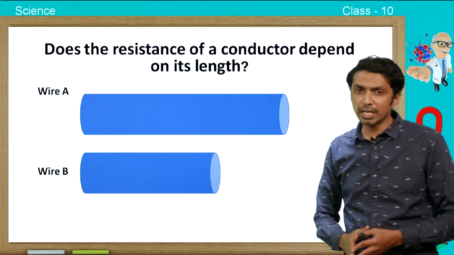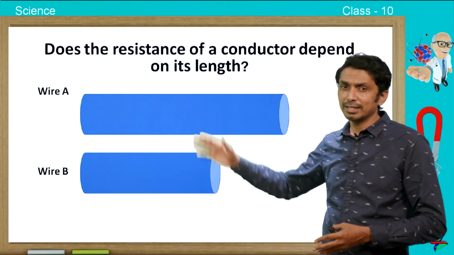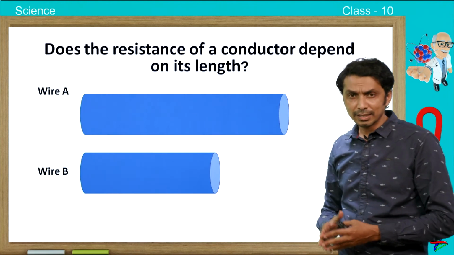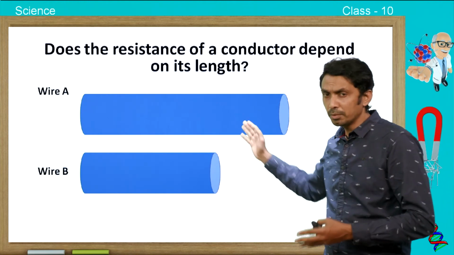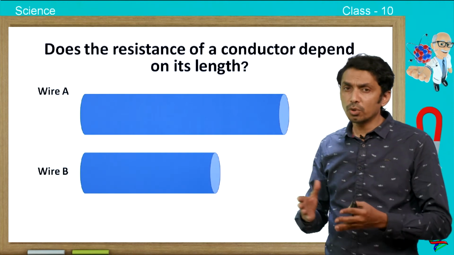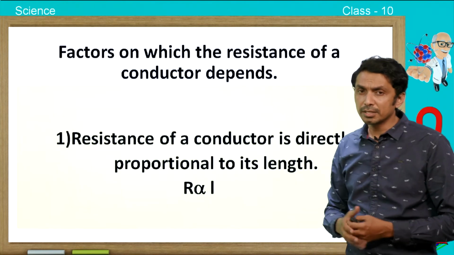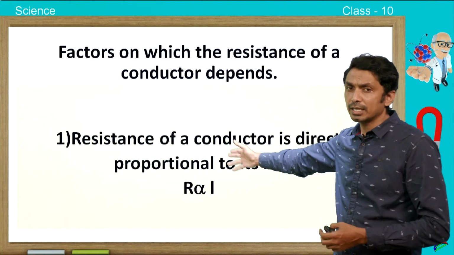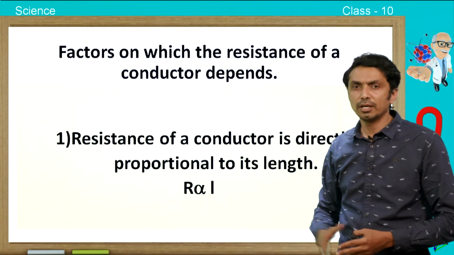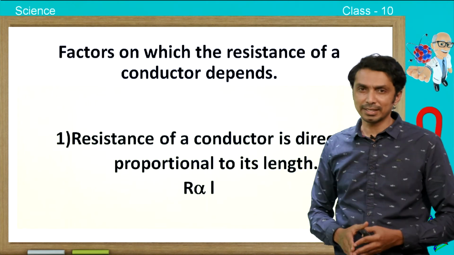So what we can say is that if a wire is of longer length, then the charges need to flow more distance, so they will have more resistance. That means the resistance of any conductor is directly proportional to the length of the conductor.